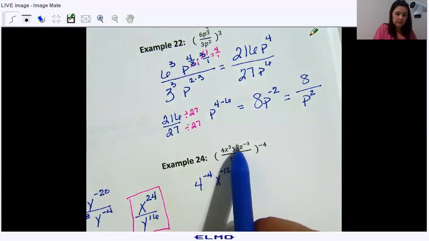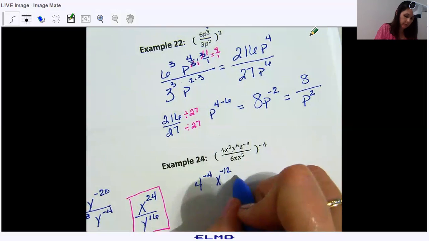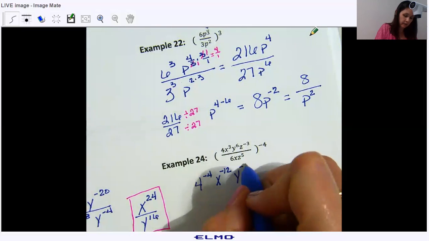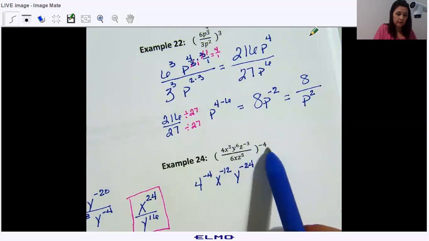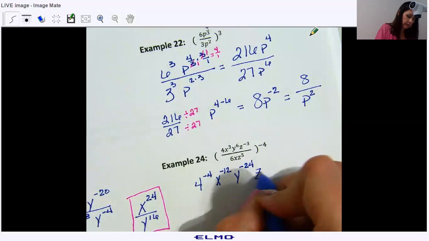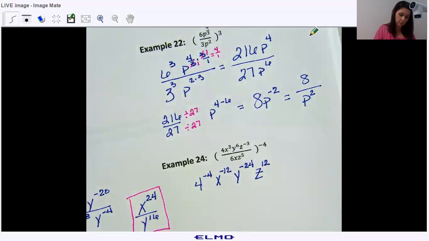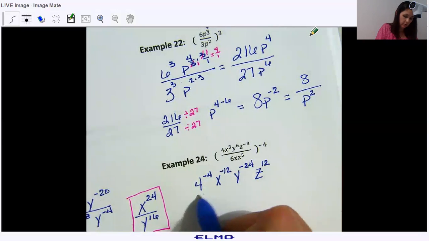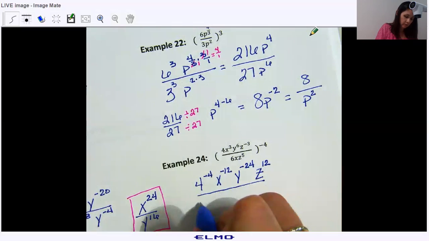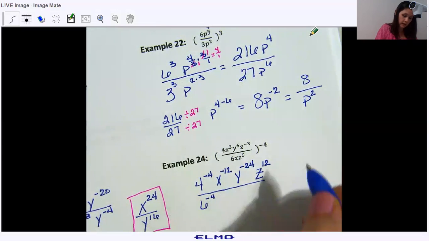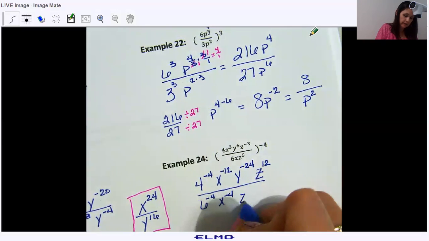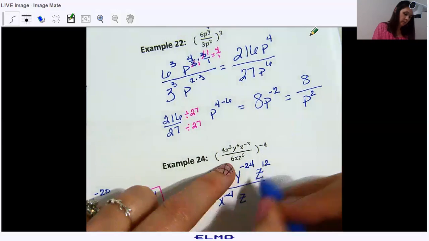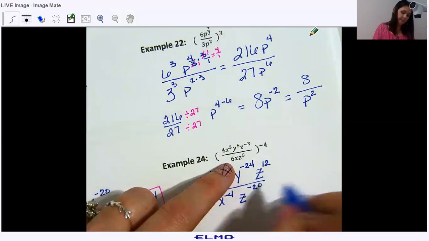Y to the power of 6 raised to the power of -4 gives me y to the power of -24. Z to the power of -3 times -4 gives me z to the power of 12. And then the bottom, 6 to the power of -4, and then I have x to the power of -4, and z to the power of 5 times -4 is -20.